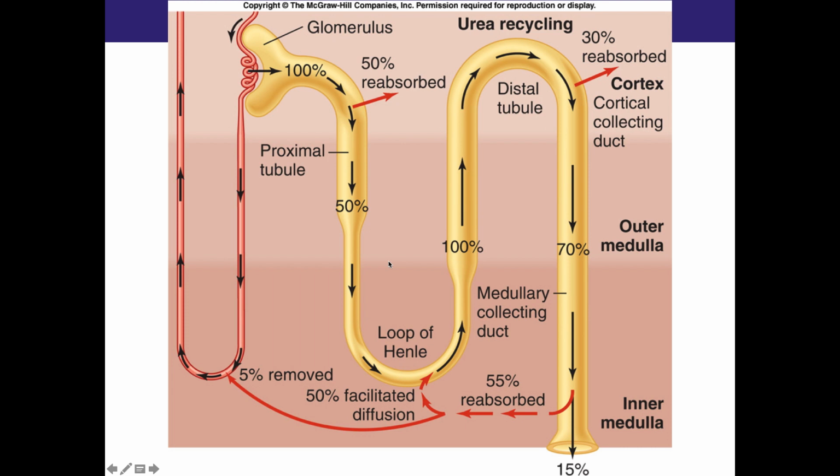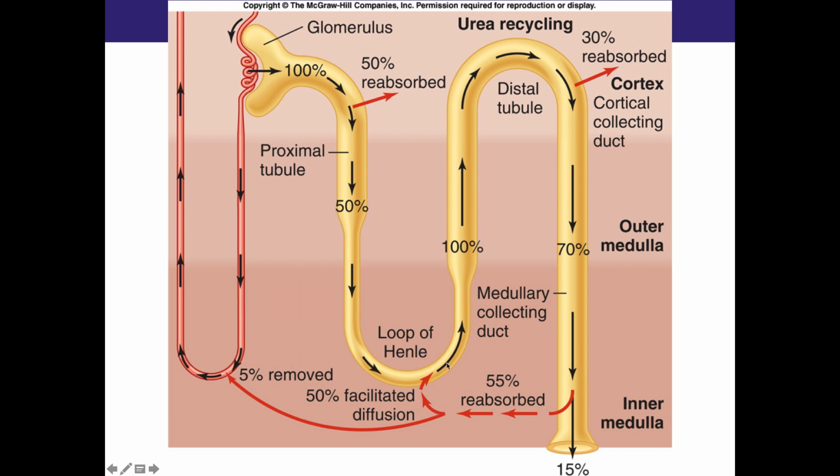You can actually see that urea is recycled in the kidney. The urea that's filtered at the glomerulus is reabsorbed, just like a lot of other molecules. About 50% is reabsorbed in the proximal tubule. It's very concentrated as it enters into the thick ascending limb. You can actually see about 50% of that is also reabsorbed in the collecting duct and enters into the loop of Henle.